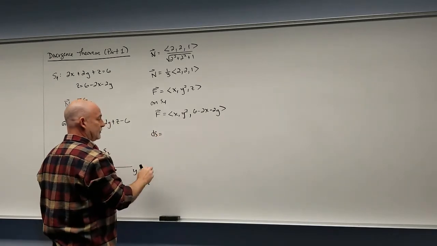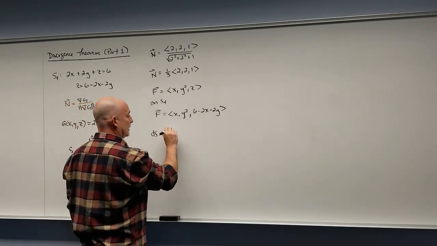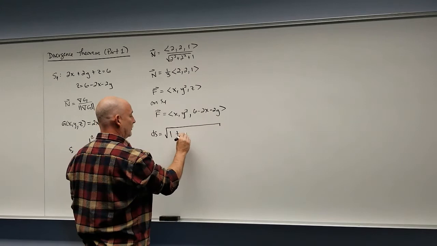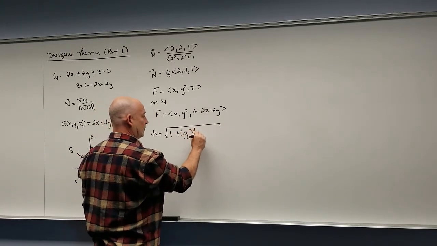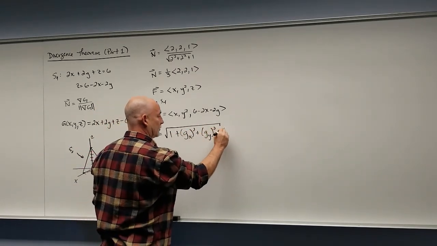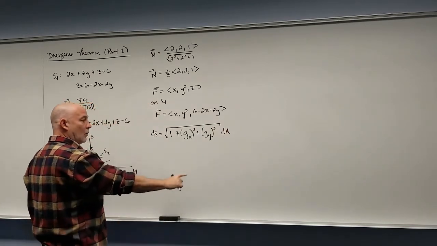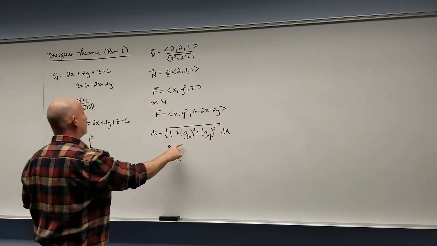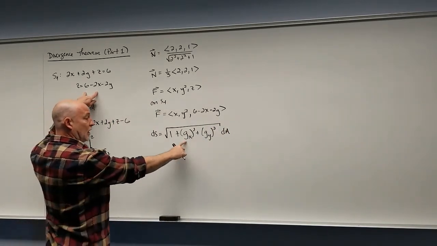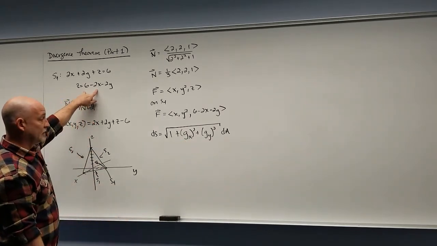All right, so we need dS. Remember, dS, a small piece of the surface area, is the square root of 1 plus little g sub x squared plus little g sub y squared, across our area, where I use x's and y's because we solve for z in terms of x's and y's. Little g is the definition of the surface.